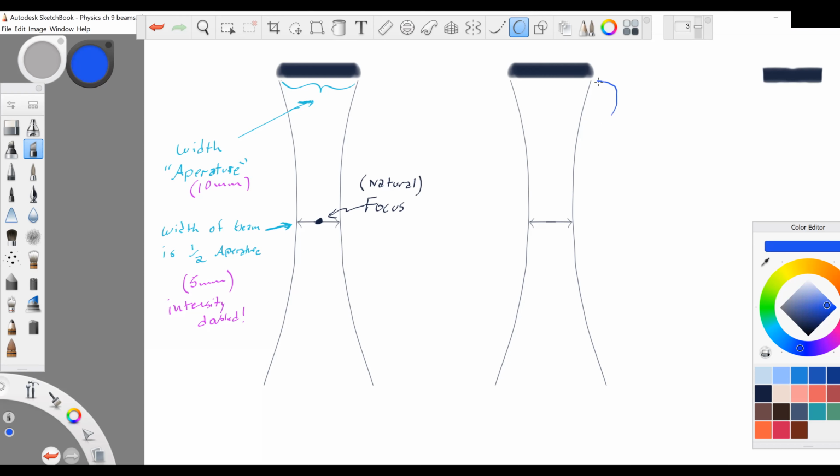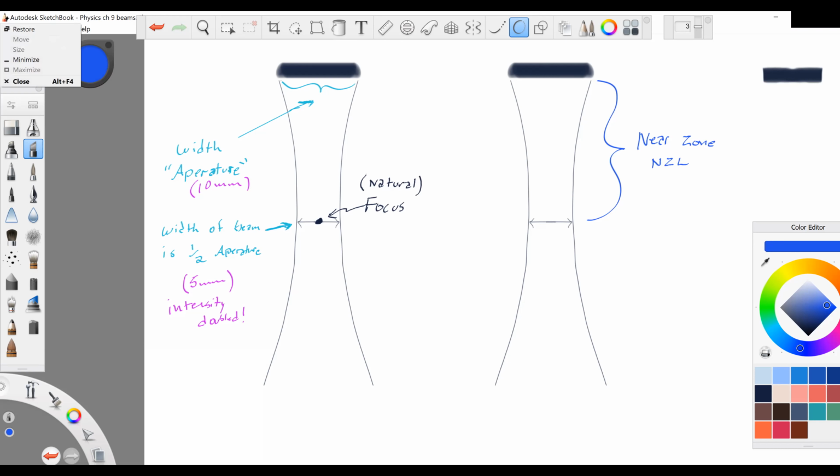So this is the near zone, also called the near zone length, at least the distance there would be the near zone length. But everything there is in the near zone.